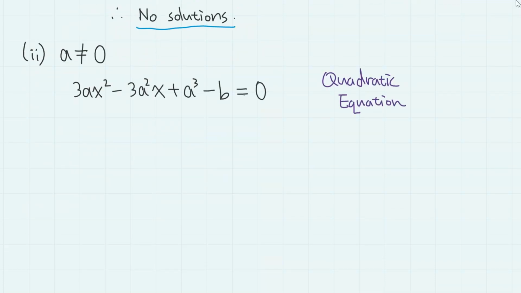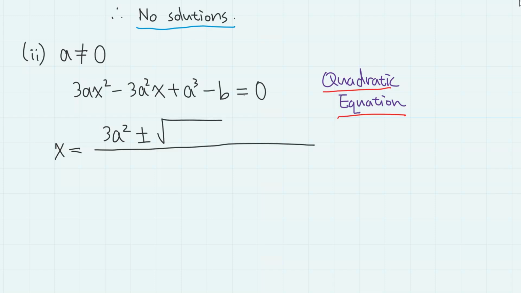Then, this previously obtained equation is indeed a quadratic equation, so we can use the quadratic formula to obtain x equals 3a squared plus minus the square root of (3a squared) squared, so 9a to the power of 4, minus 12a cubed minus b, and this entire thing divided by 6a.